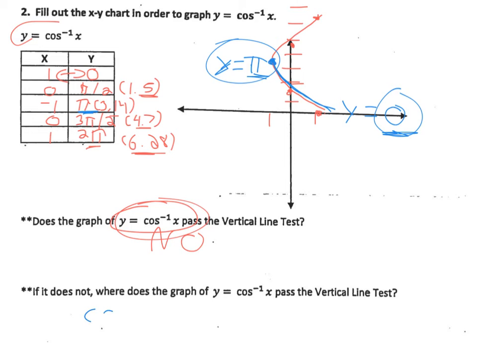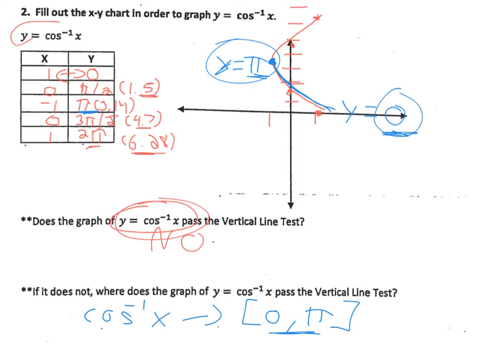So for inverse cosine, on the calculator, if you put in inverse cosine, it will only give you answers between 0 and pi. So that's why when I did that problem on the first side, it gave me 3 pi over 4 as an answer, because that's in between 0 and pi. 5 pi over 4, it won't give you that as the answer, because 5 pi over 4 would be on the graph where it fails the vertical line test.